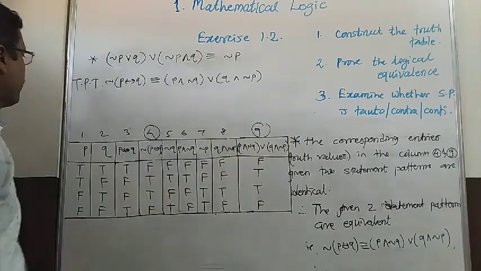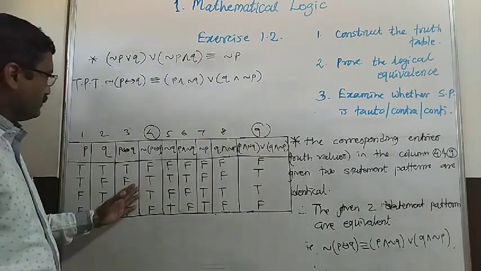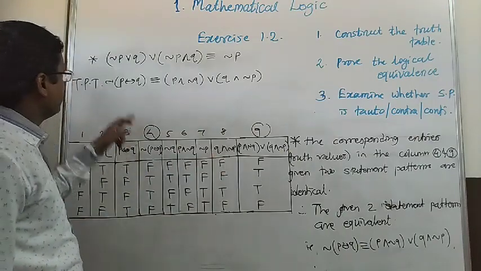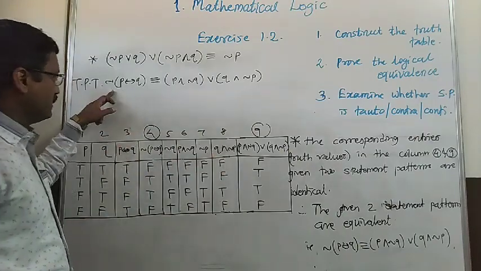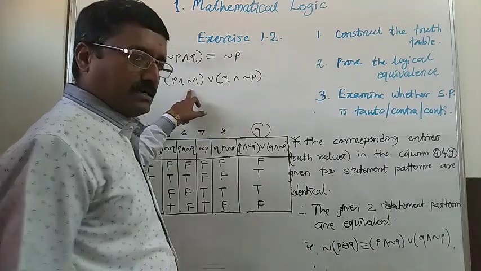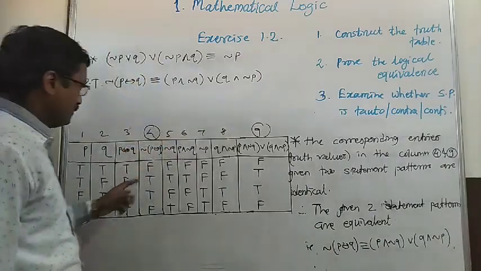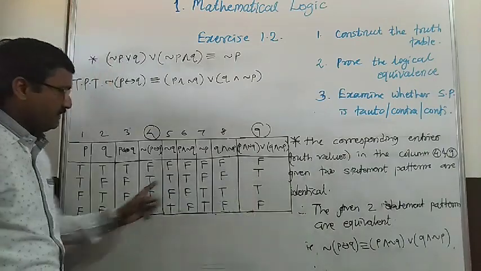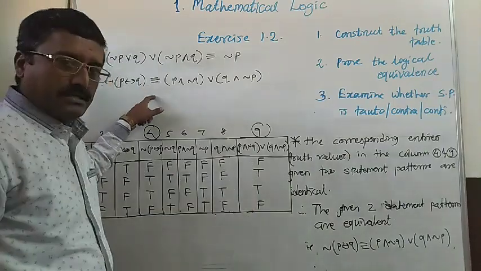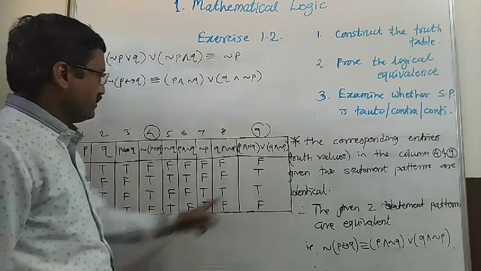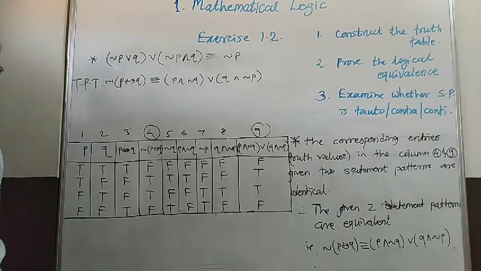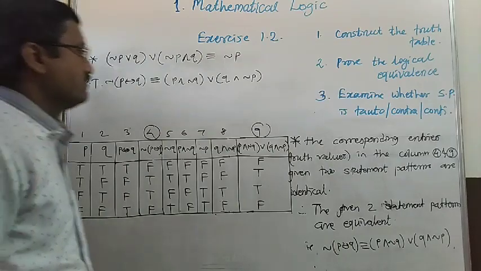Prepare the columns of parts of the statement patterns, with column 4 containing the left hand side and column 9 the right hand side of the equivalence. Check whether the corresponding entries are identical or not. If they are identical, they are equivalent. If the corresponding entries are not identical, then you can write that the given statement patterns are not logically equivalent.